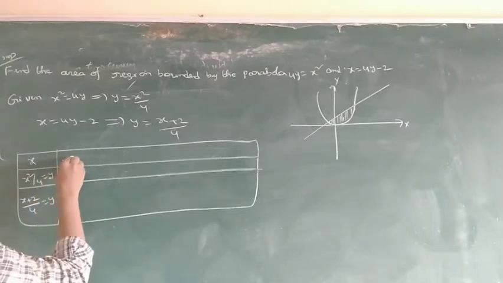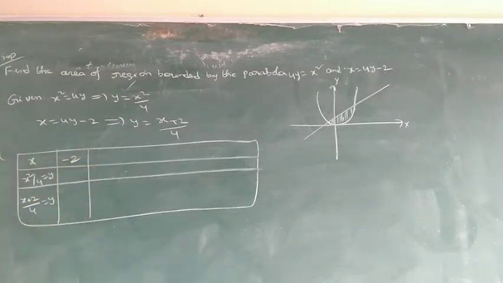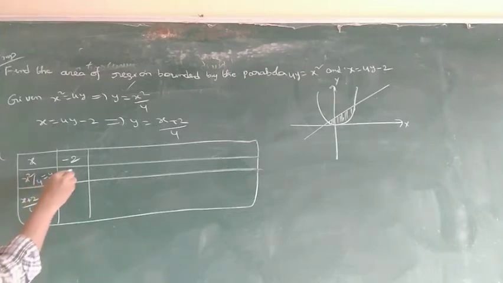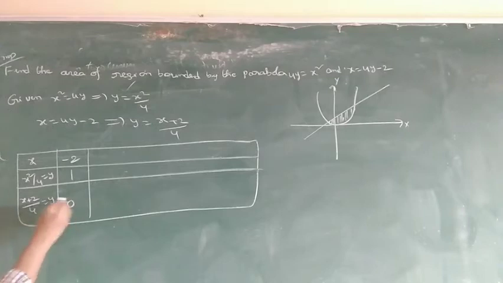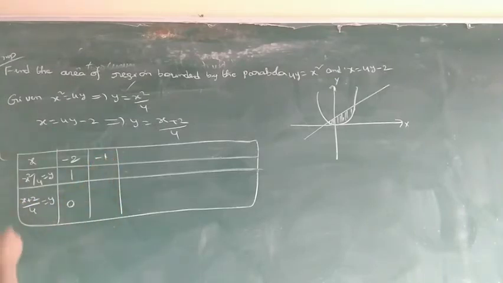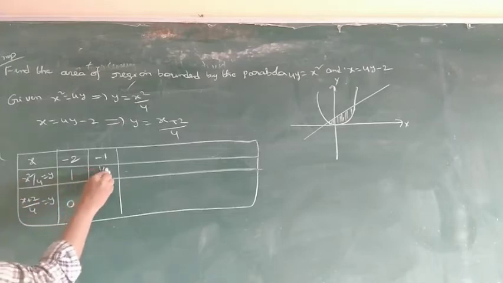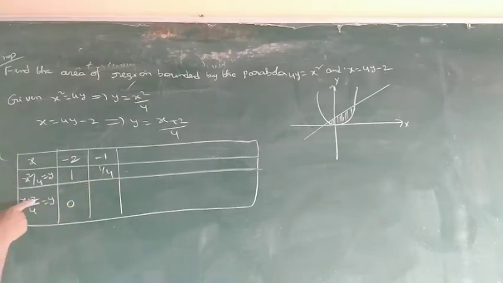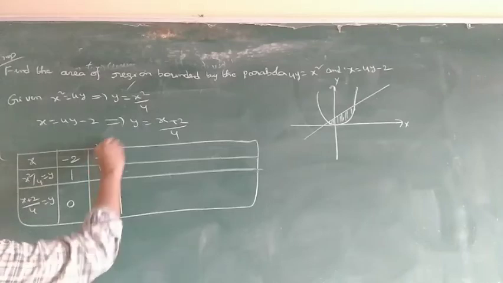So first of all, x is equal to minus 2 means minus 2 whole square by 4, 1, no, 0. Minus 1 means minus 1 whole square is 1 by 4, and minus 1 plus 2 is 1, 1 by 4, observe this.